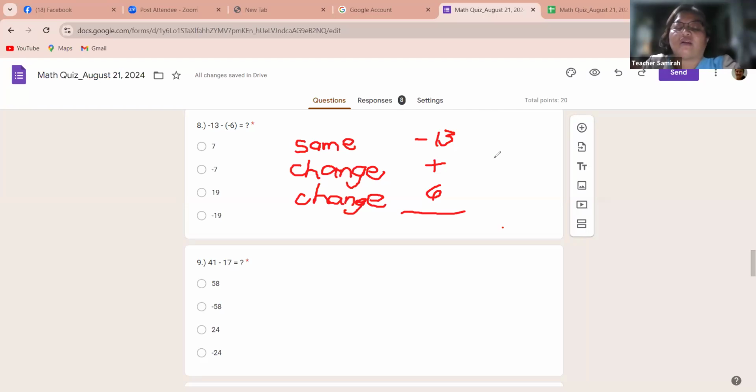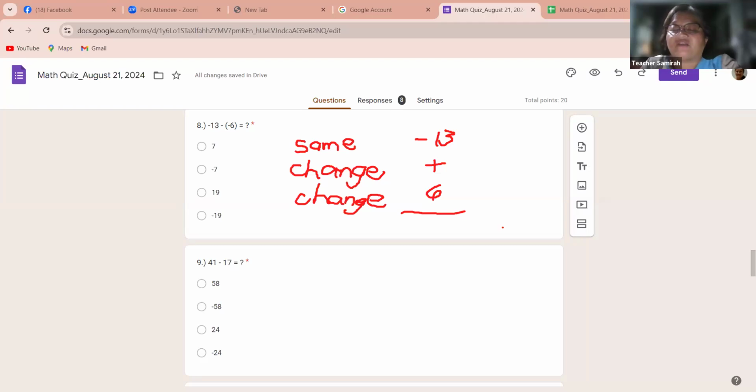Based on the rule regarding addition of integers, instead of adding the two integers, we are going to subtract, and then copy the sign of the bigger number. Which is bigger? Is it 13 or 6? 13.